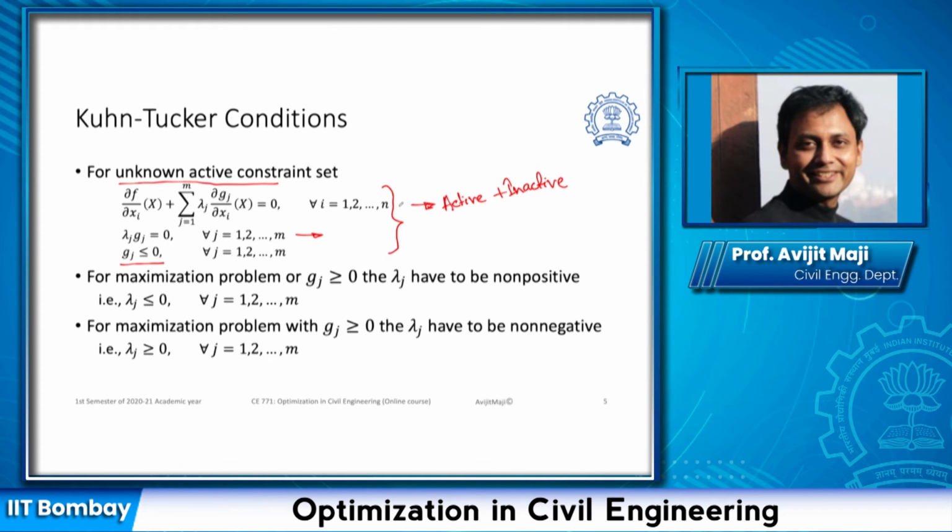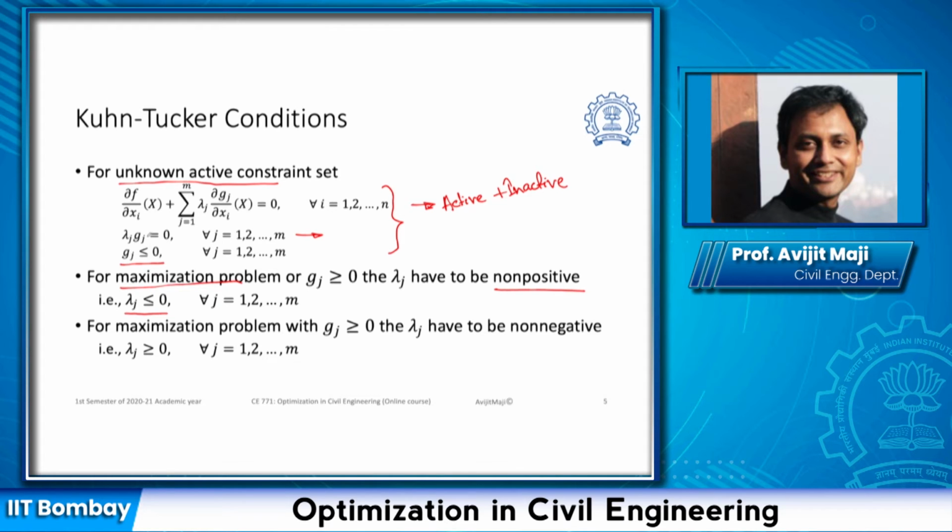So in the standard formulation, if we are trying to use it for the maximization problem, then my lambda was supposed to be less than 0, and in this case we have used both active and inactive constraints. In case of inactive constraints, I know my lambda values are going to be equal to 0. So in this particular case, now we are saying lambda values are going to be less than or equal to 0. In other words, those are non-positive values.